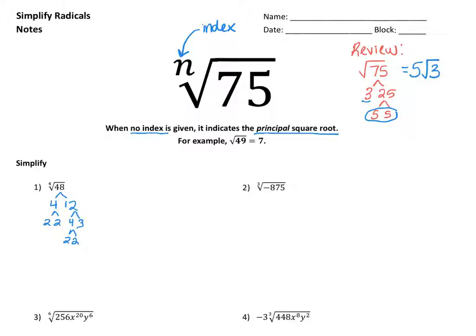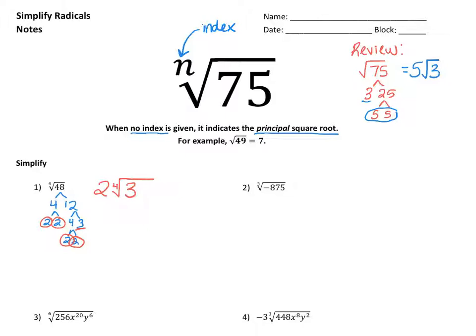So in this case, I have 1, 2, 3, 4 2s. Since I have one group of 4 2s, the 2 is going to come on the outside. Now, I have the fourth root still because I have a 3 that's left on the inside. So the index tells us how many we are looking for in terms of that pair or group.